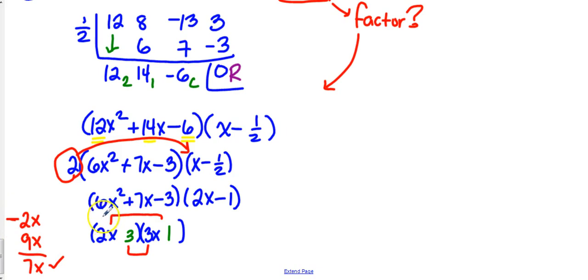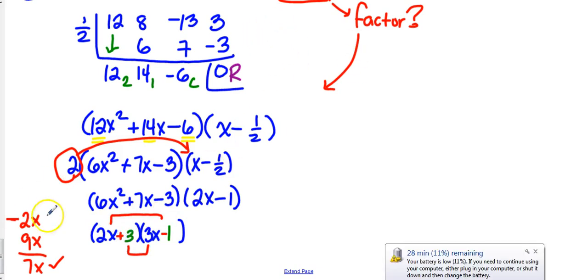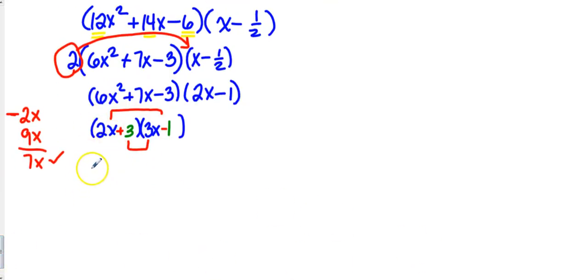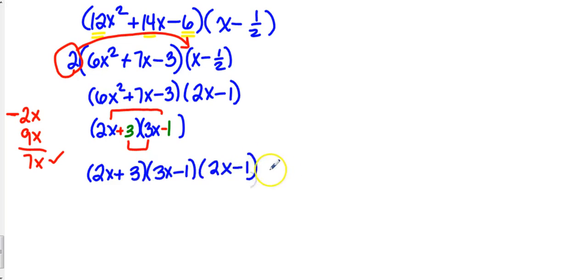What got us the 2? Was it the outer or the inner? 2x times 1, so it was this outer. So that'll be negative, this will be positive. Let's just clean it up a little bit before we keep going. So it's 2x plus 3, 3x minus 1, and then 2x minus 1 is my factored form.